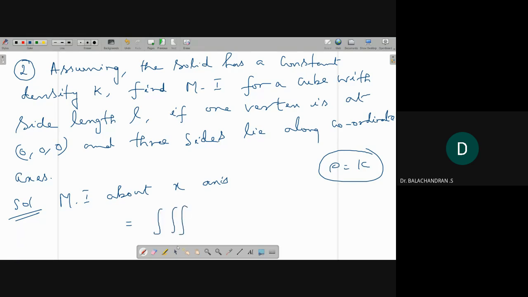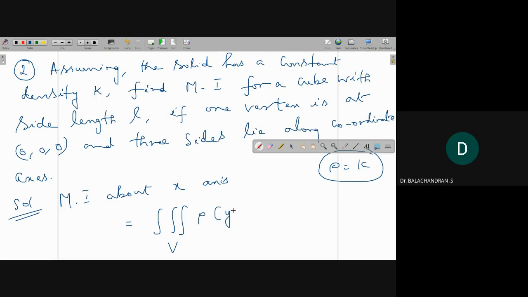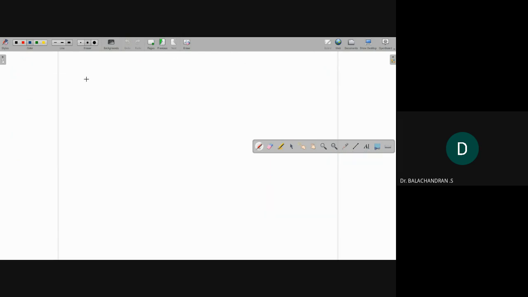Triple integral over V of (y square plus z square) rho dx dy dz. Okay. What about the limits here? X: 0 to L, sir.